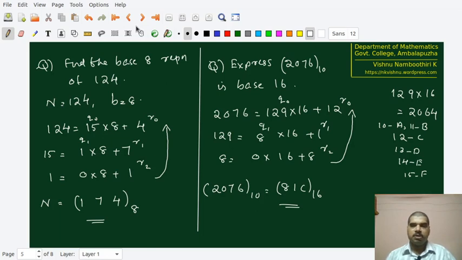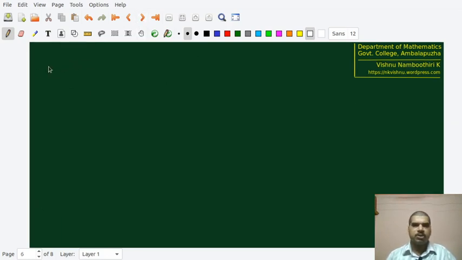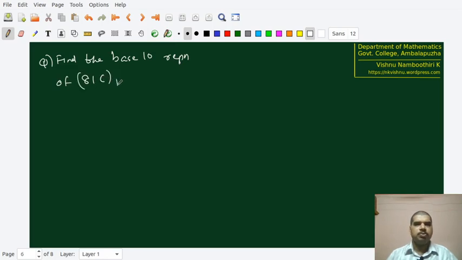Now, if you want to check whether this is correct or not, the technique is to reverse the steps, in the sense that we find the decimal representation of 81C. So, how will you find the decimal representation of 81C? Next question, probably we can take it to be that. Question is this: find the base 10 representation of 81C, which is in base 16.